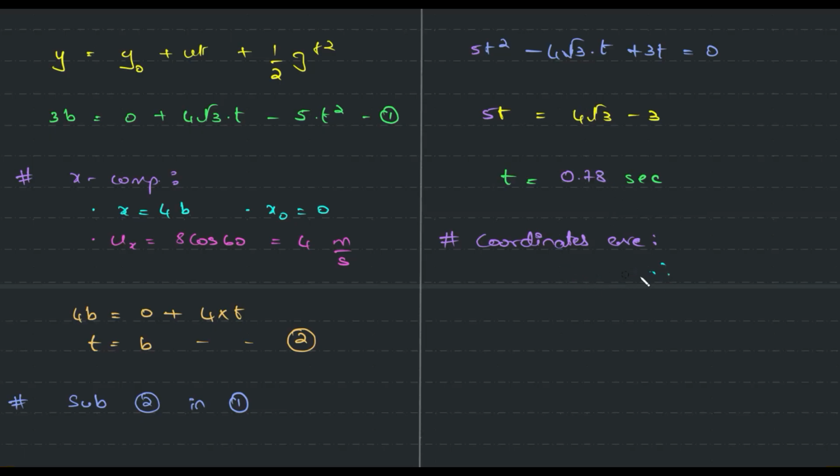And all of these answers will change. So 4 times 0.78 is 3.12, and 3 times 0.78 is 2.34. So 3.12 square plus 2.34 square. Okay, that you guys can do.